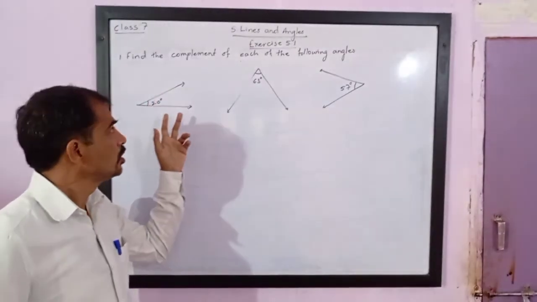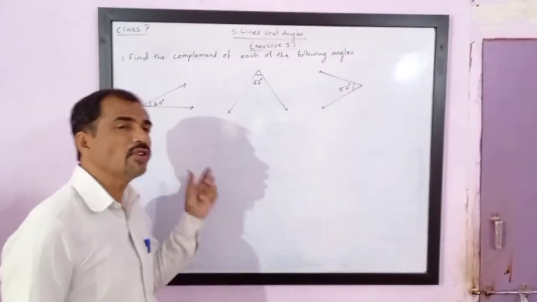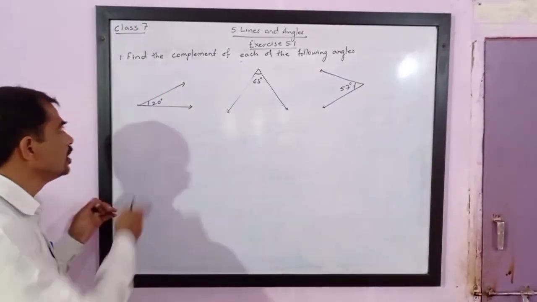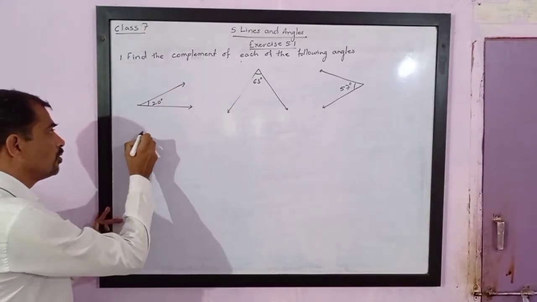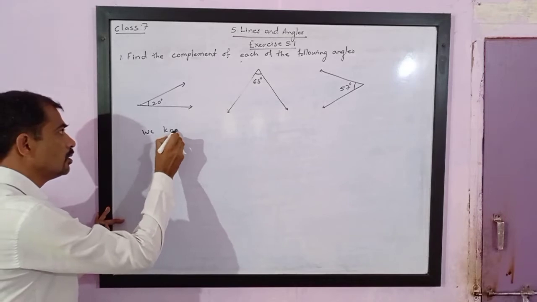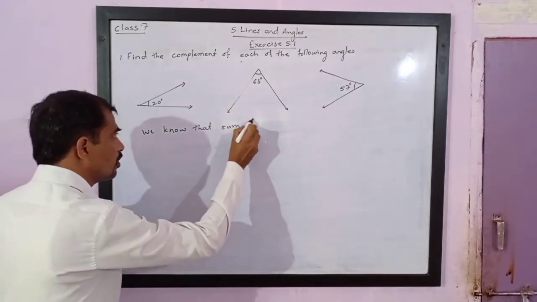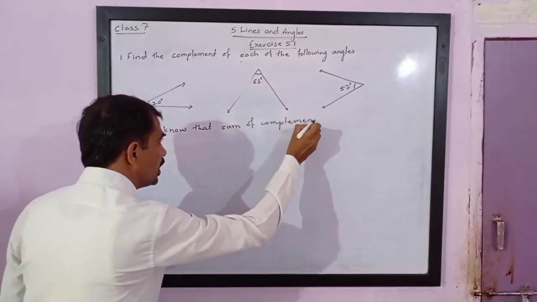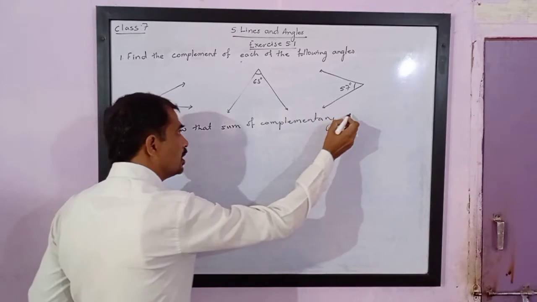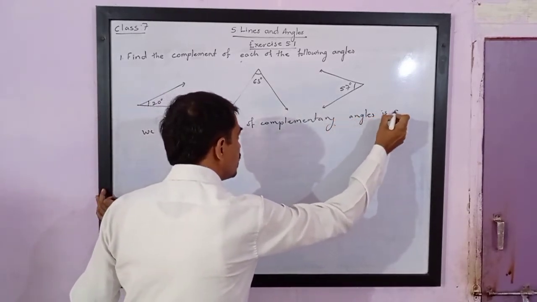So the complement of 20 plus some angle is 90 degrees. We have to find that angle. We know that the sum of complementary angles is 90 degrees.